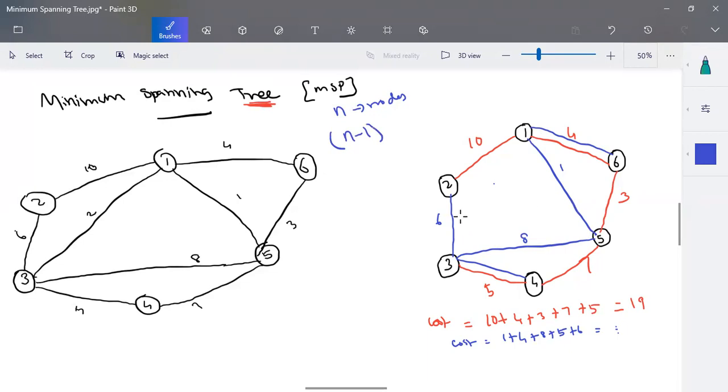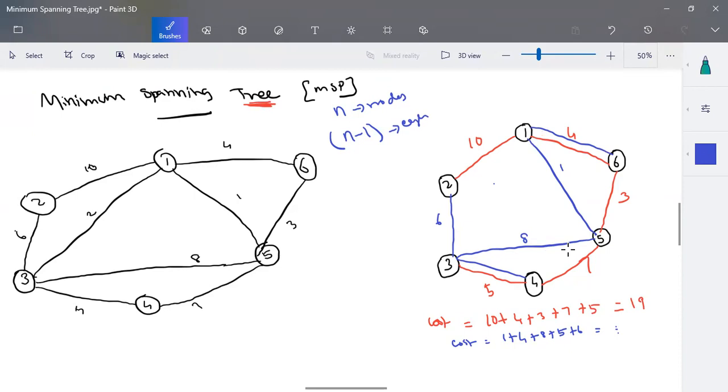See this example. The blue line represents one spanning tree, and the graph we have taken has 6 nodes. How many edges are there? 1, 2, 3, 4, 5. So 5 edges, which is n minus 1 edges. Consider the red line. That also has 1, 2, 3, 4, 5.